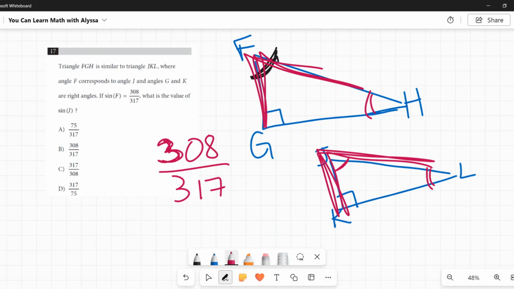And if the sine of F is 308 over 317, every other angle that has the same measure as F is going to have that same sine. So there is no calculation required here. As soon as you know that F and J are the same angle, which they tell us right here, you know the sine of these two angles is the same. So it is just B, again, 308 over 317.